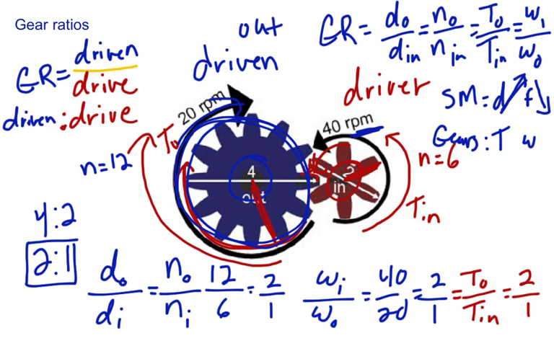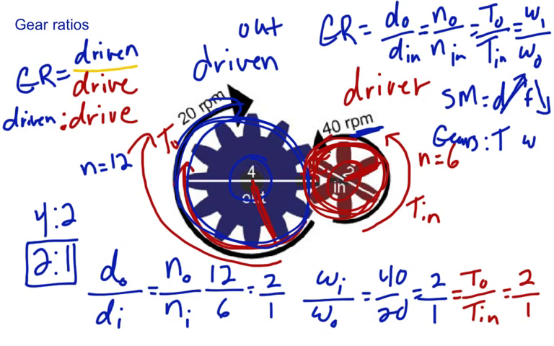The red gear, on the other hand, has a small amount of torque, but it goes around very fast, so you'd have a nice high angular velocity. And this is what you're deciding between, depending on what you want. We'll talk about that more when we talk about bicycles and stuff.